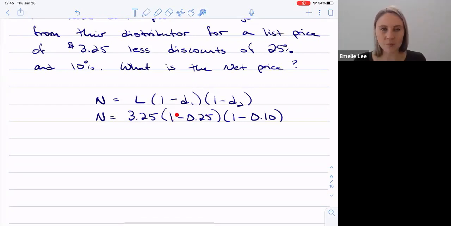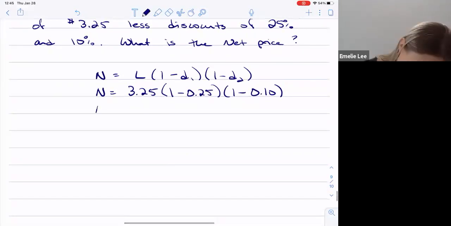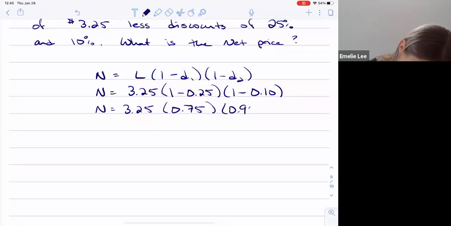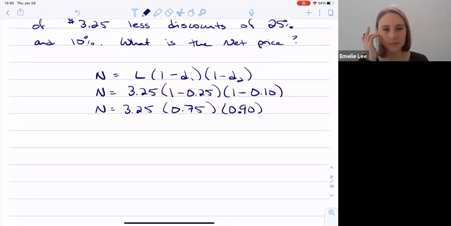I always simplify inside the brackets before I go ahead and do my calculation. And so what this becomes is N becomes 3.25 times 0.75 times 0.9. And now I can just multiply this out.